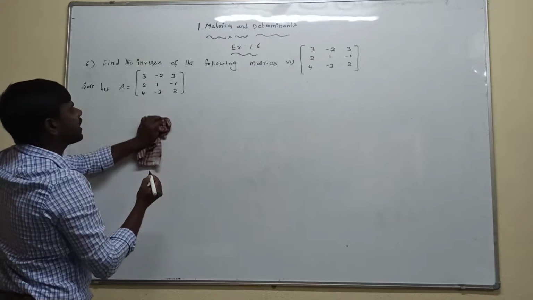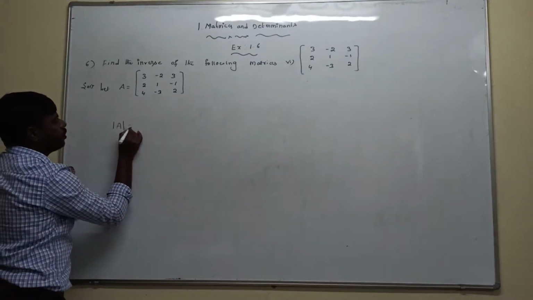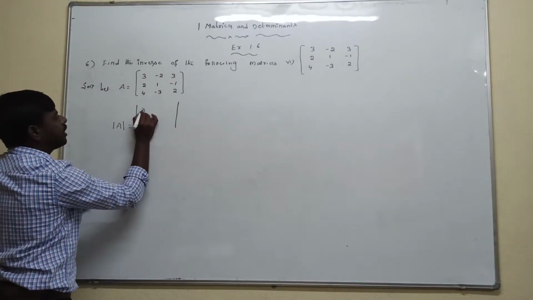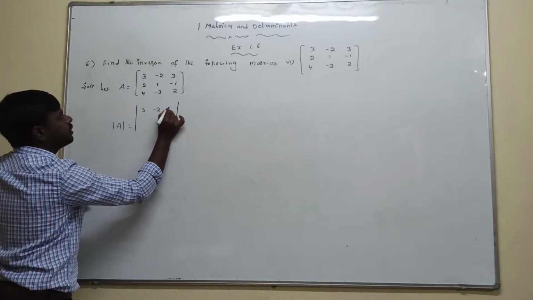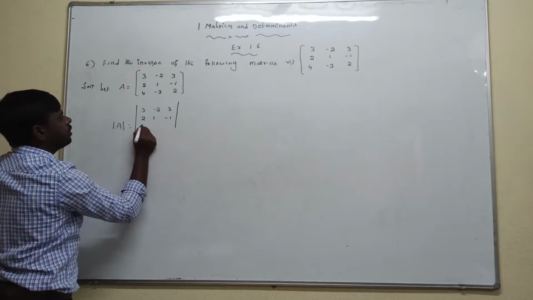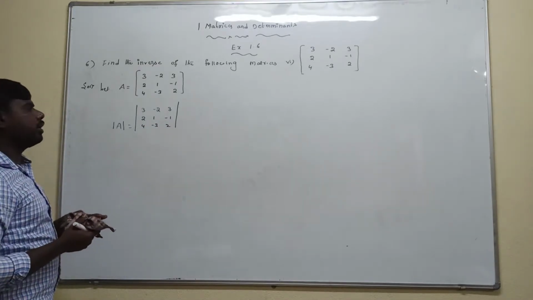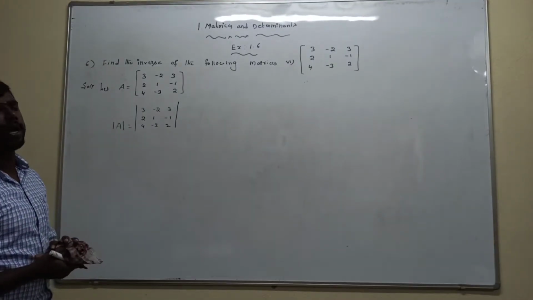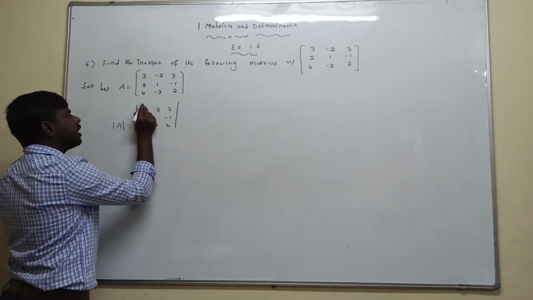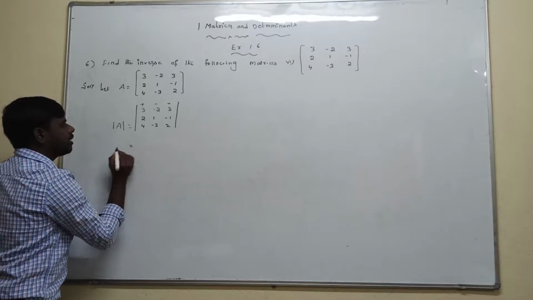First we are calculating the determinant of A. After substituting the elements, 3, -2, 3, 2, 1, -1, 4, -3, 2. Now you already know how to find the determinant of a 3 by 3 matrix. At the top we have to consider the symbols plus, minus, plus. Now we can calculate the determinant value.